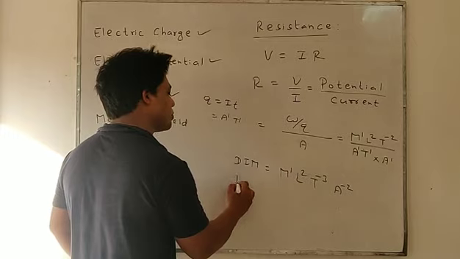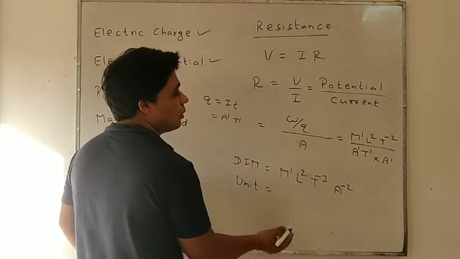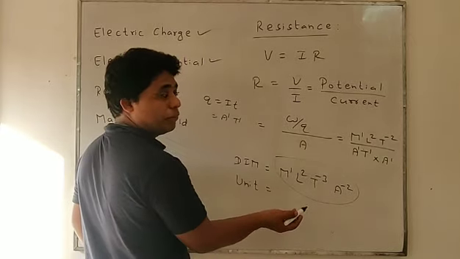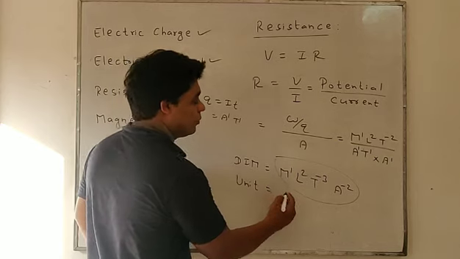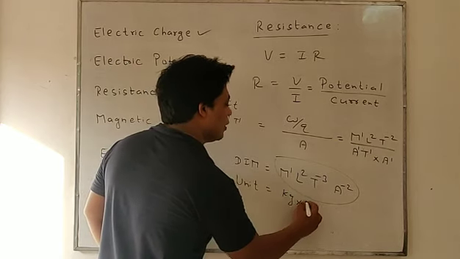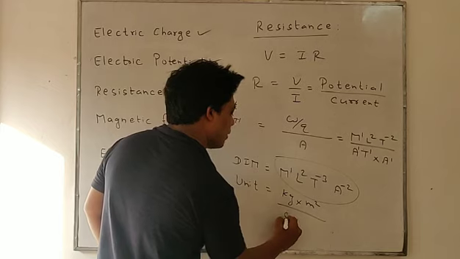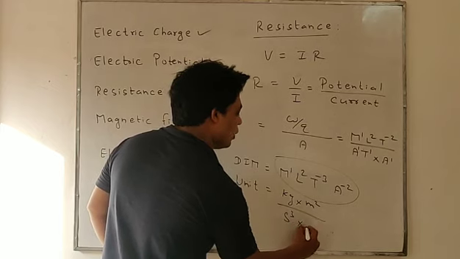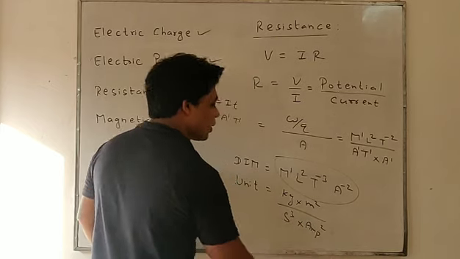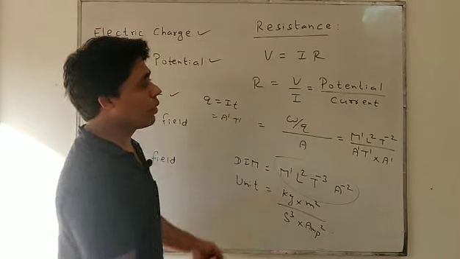That is the dimension. And what will be the unit? We can find by this: for mass, kilogram, for length, meter square, time, second cube, and ampere square.